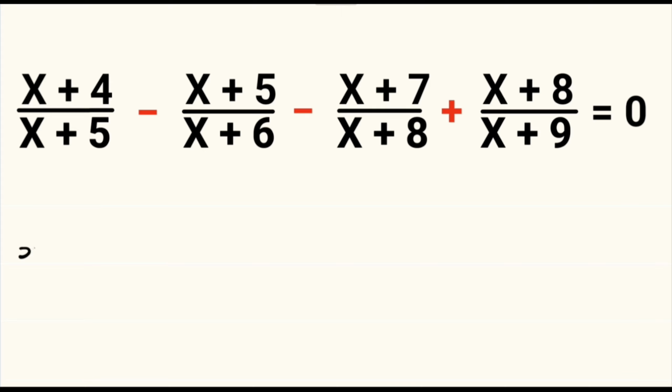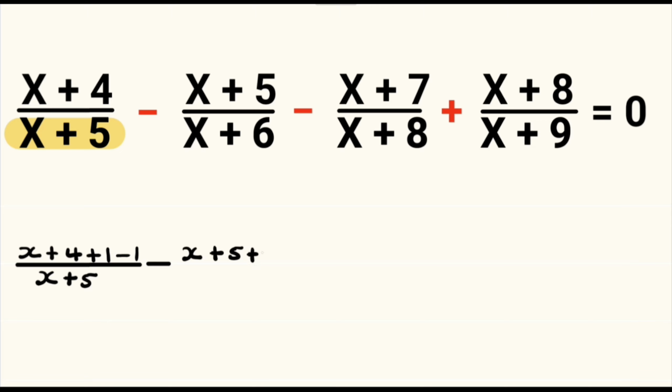Instead, we have x plus 4 divided by x plus 5. So we add 0 in the numerator in the form of 1 minus 1. And this is still divided by x plus 5, minus x plus 5. We also add 0 in the form of 1 minus 1.